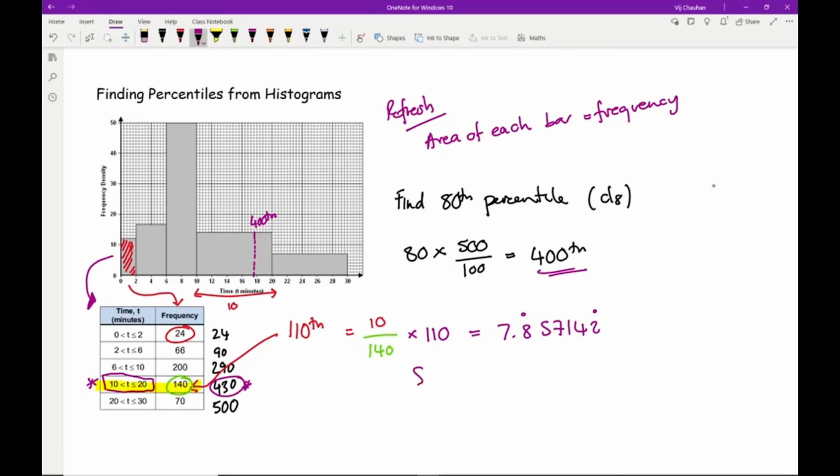So my 80th percentile is going to be roughly 17.857142, which rounded gives me 17.9 minutes to one decimal place. So that will be the top 20% or the 80th percentile.